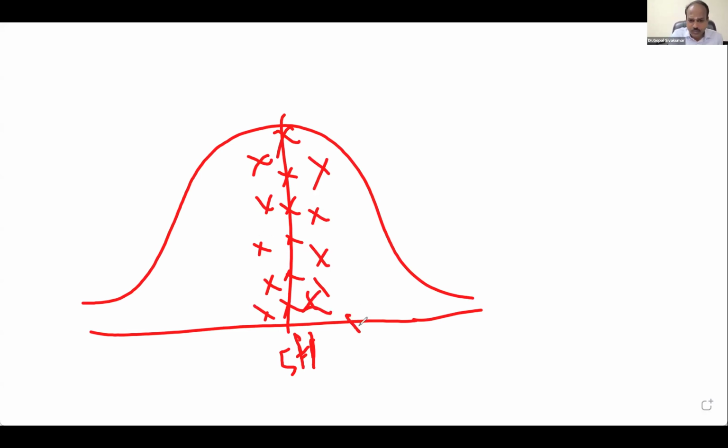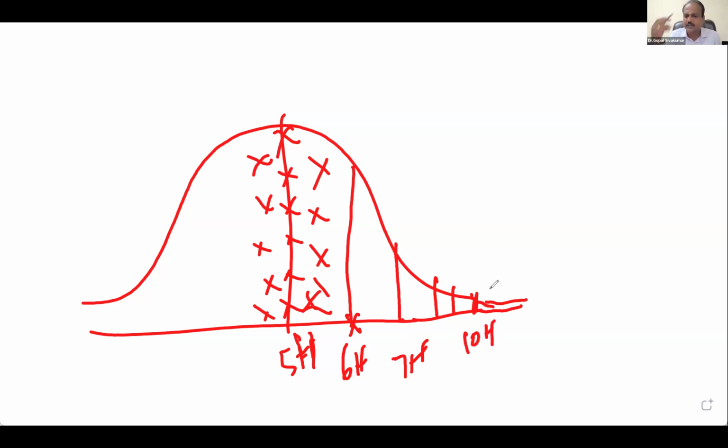And I want to see 6 heads. Now the chances slightly decrease. Yes or no? I need 7 heads. Now the chances will further decrease. 8, 9. When I go for 10, it is very, very low. Since I am dealing with only 10 coins, the maximum number of heads possible is 10 only, not more than that.